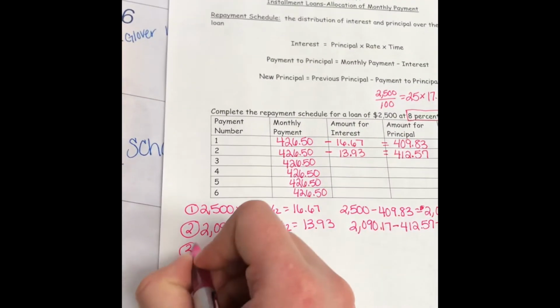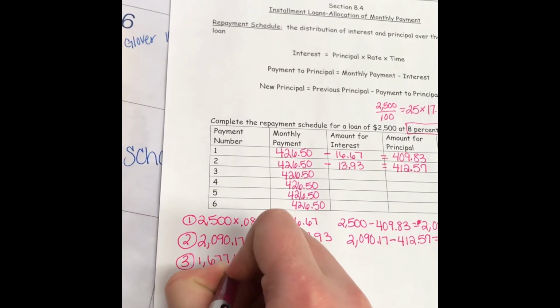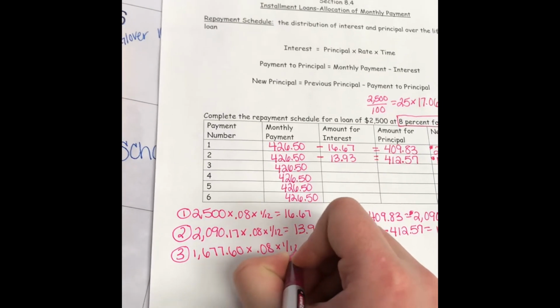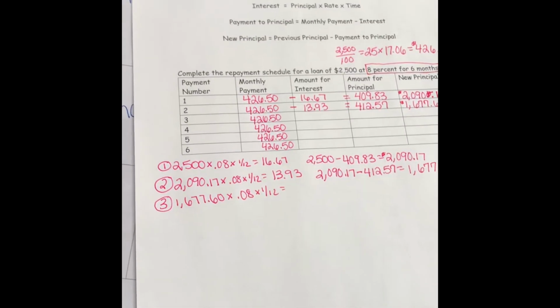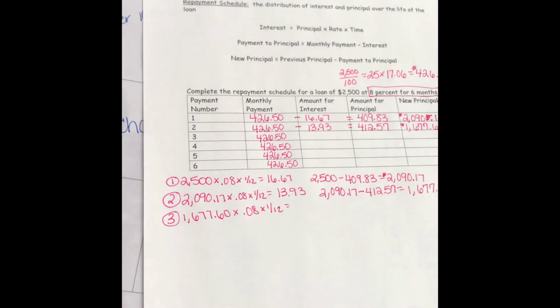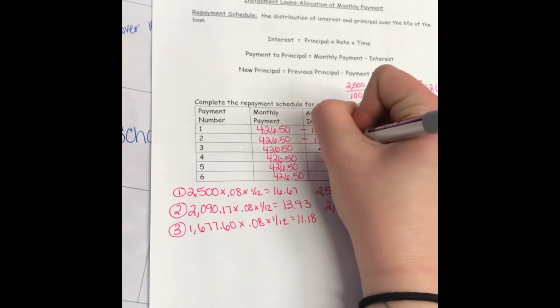Do it again. Our new principal we just found times 0.08 times 1/12. $11.18.